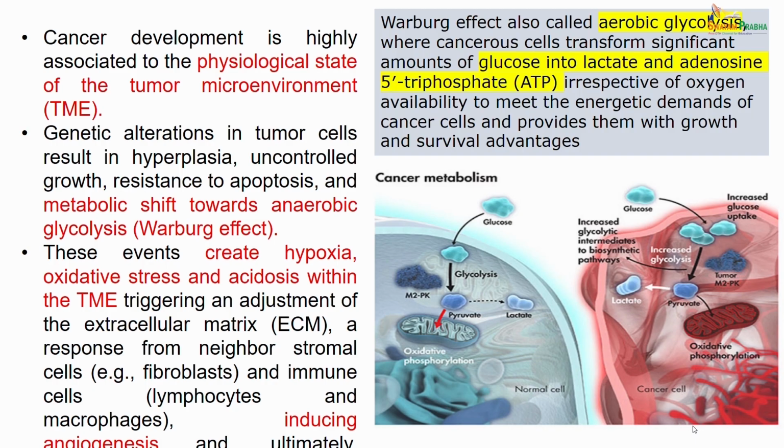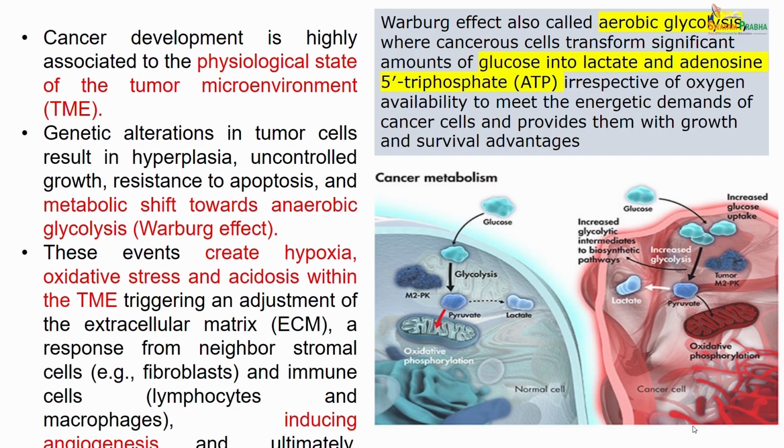The cancer cells use an alternate mechanism, that is, they have an increased mechanism to undergo glycolysis, which happens in the cytosol and not in the mitochondria, and they convert the pyruvate into lactate. Therefore, the increased glycolysis in cancer cells leads to excess production of lactate.